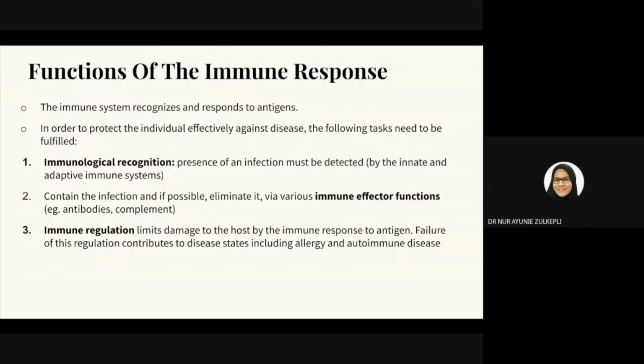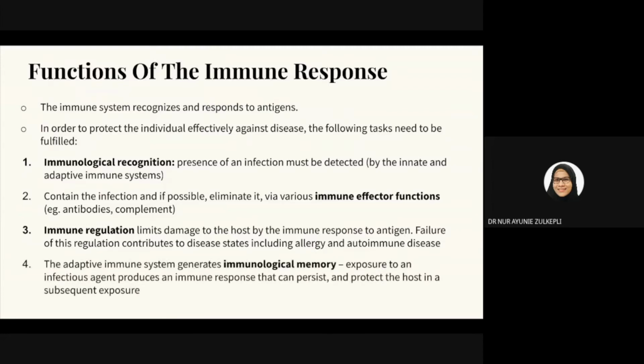Okay, so immune regulation limits the damage to the host by the immune response to antigen or pathogen. And failure of this regulation will contribute to other diseases like allergy or autoimmune disease that will attack our own body. And number 4 is the immunological memory.